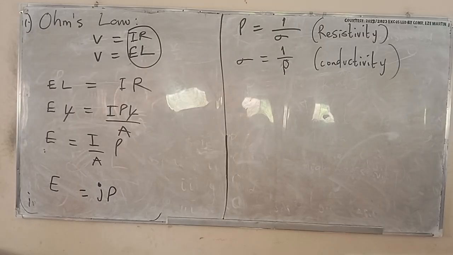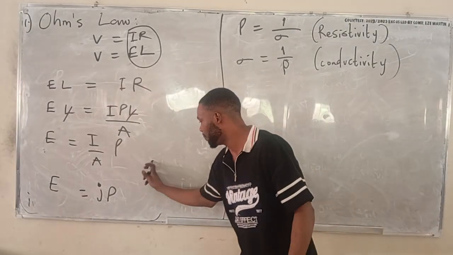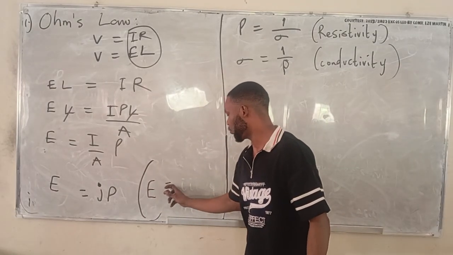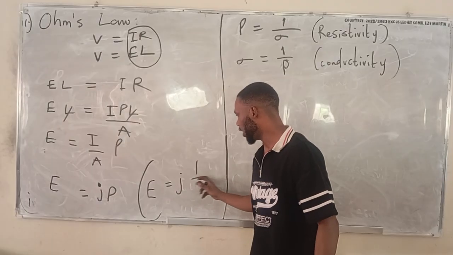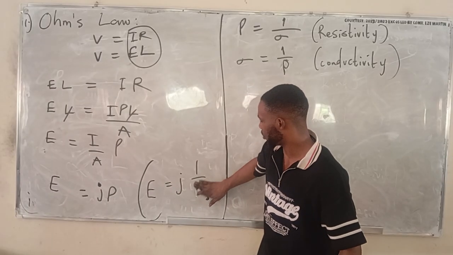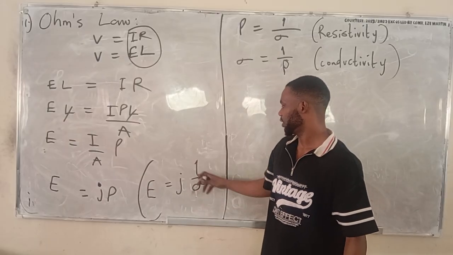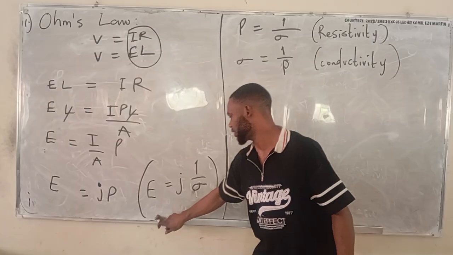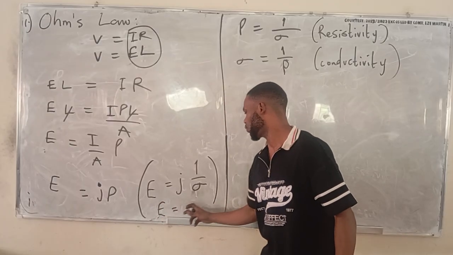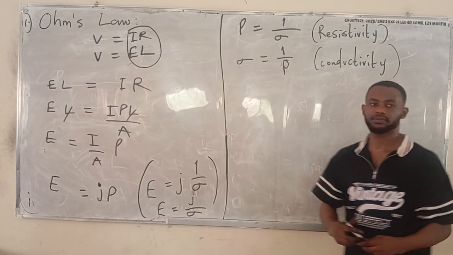So this electric field can also be written as E equals J times 1 over conductivity, which is the same thing as saying E is equal to J over conductivity.